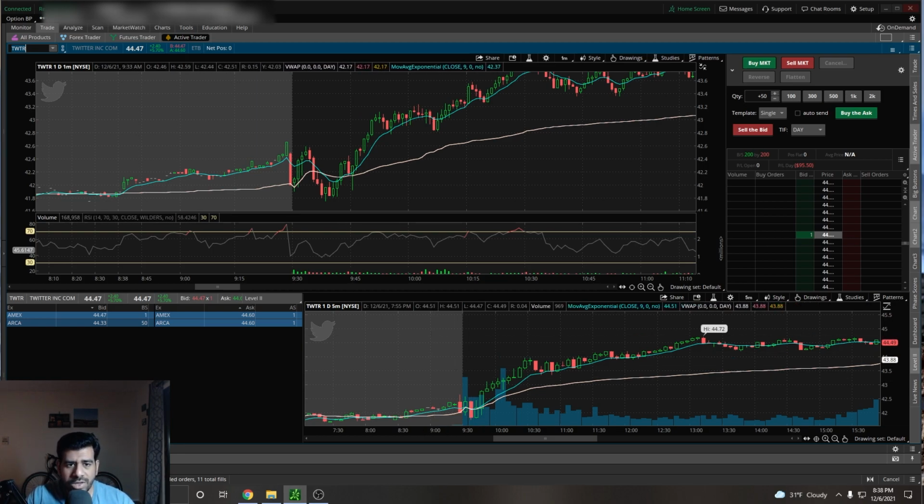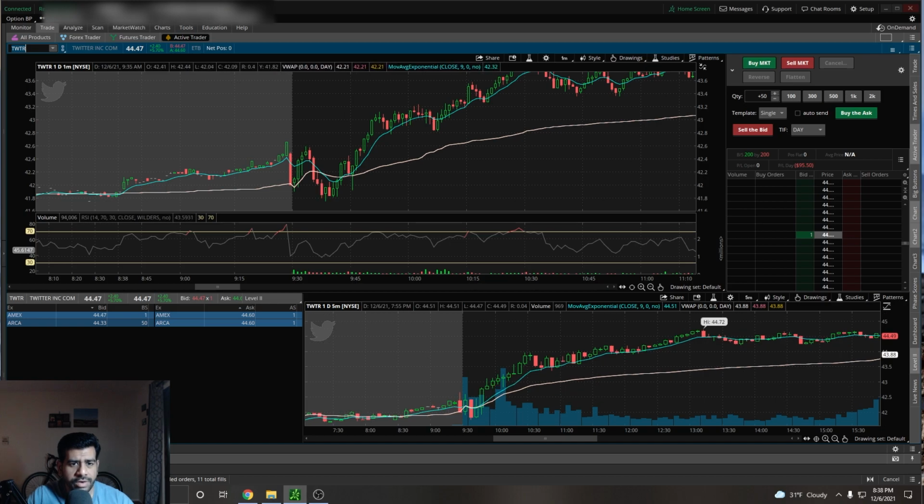As you can see here, in this similar example on my Twitter trade, I took the trade at 9:35, somewhere around here. If you look at the same candle, the VWAP and the 9 EMA are going through that red candle exactly in between, and that shows you there is indecision in play.